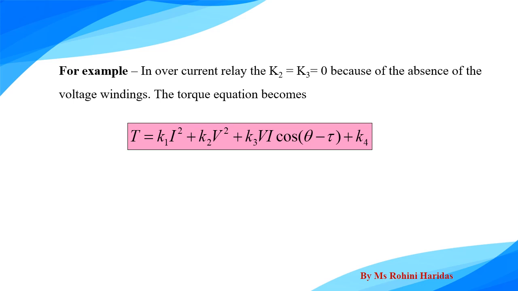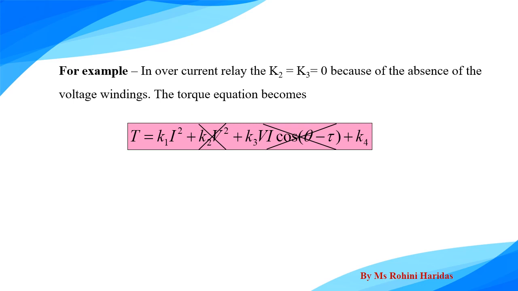Now let us consider the universal torque equation. In this equation, because of the absence of the voltage winding, the term K2V square will be equal to 0. Similarly, the term K3VI cos theta minus tau will also be equal to 0. That is, no directional element will be present.